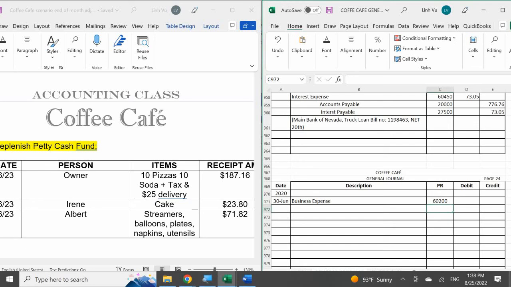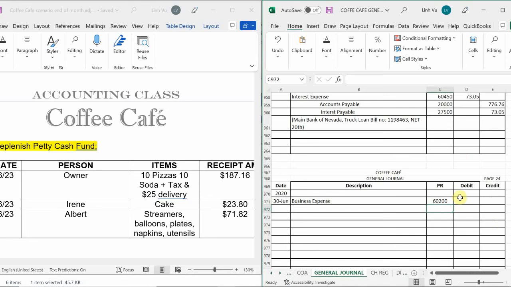And what did you say that you have to do? We need to add up all the total of the receipts. So in this case, we got 187.16 plus 23.80 plus 71.82.